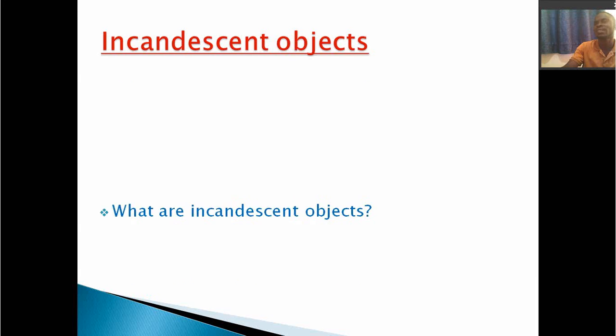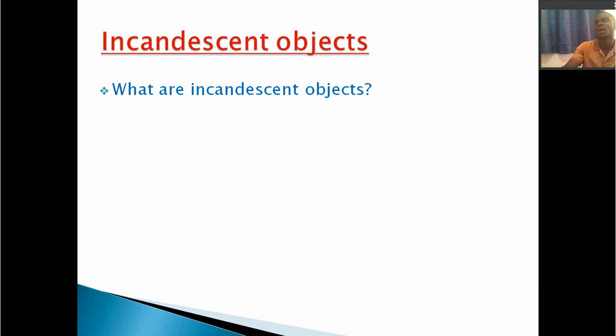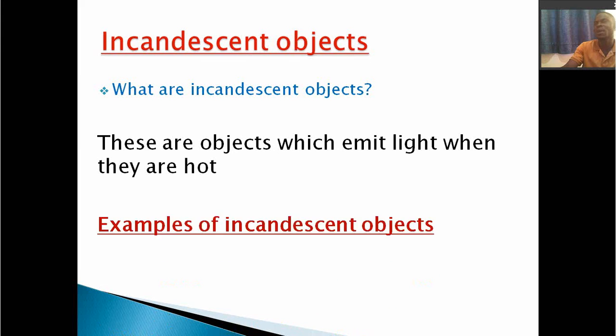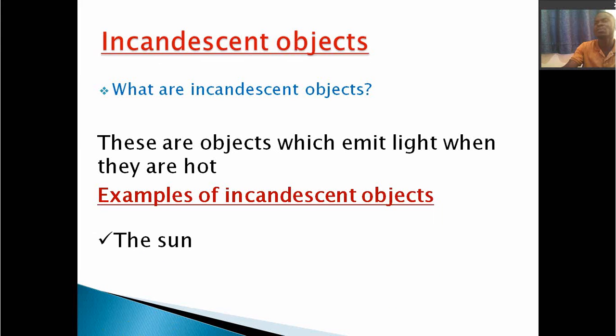What are incandescent objects? Incandescent objects are objects which emit light when they are hot. Examples of incandescent objects we have is the sun. Yes, the sun is an example of an incandescent object.